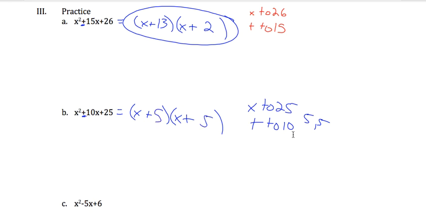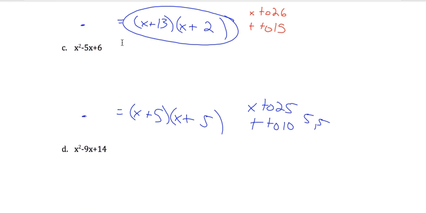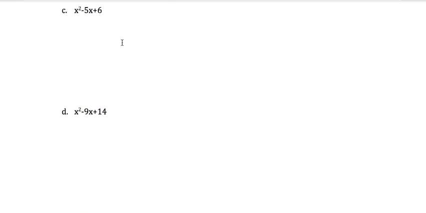The only thing that changes even a little bit when you get to ones with subtraction signs is we're going to have an x and an x and a minus, okay? We are still going to be looking for numbers that multiply to 6 and add to 5, okay?